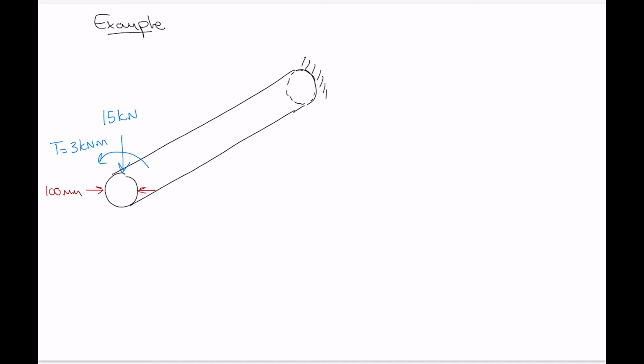And for some reason, what we are interested in is the stress at point A here, which is on the outside of the rod at a distance of 2 meters from the end of the rod.